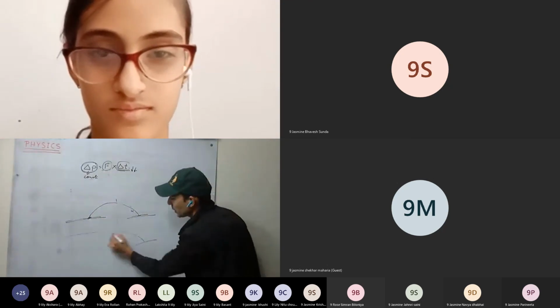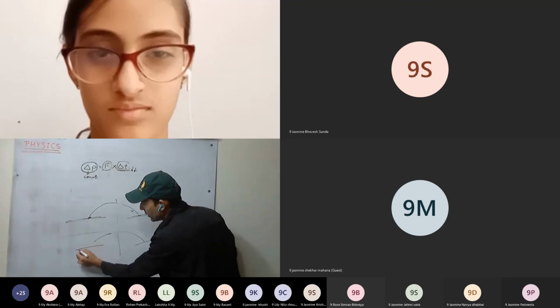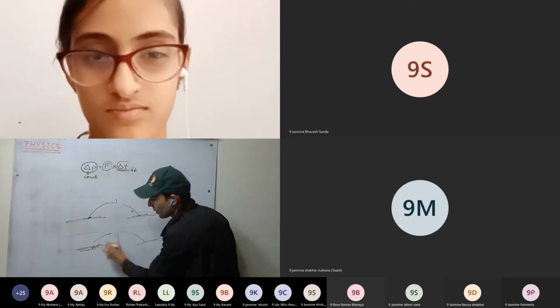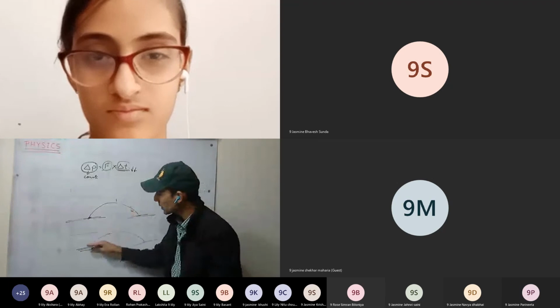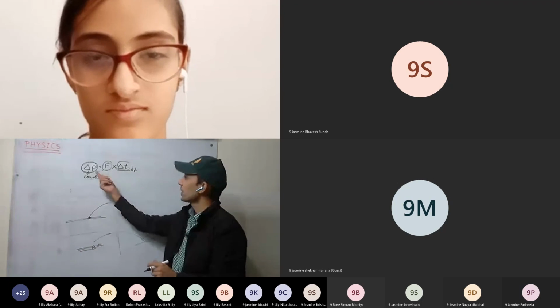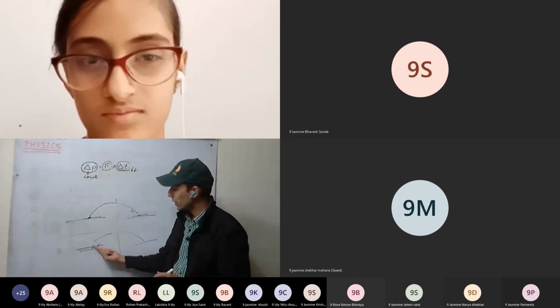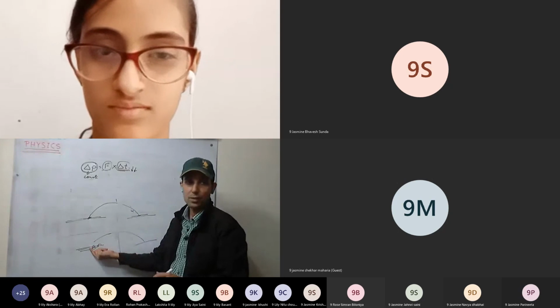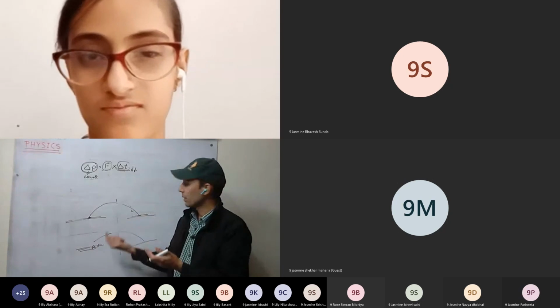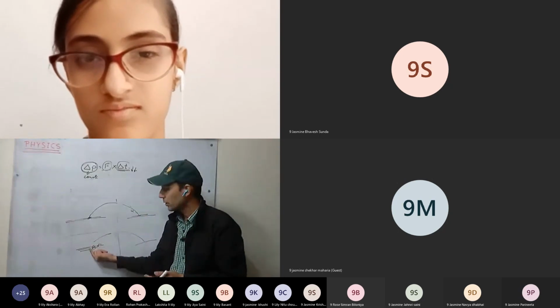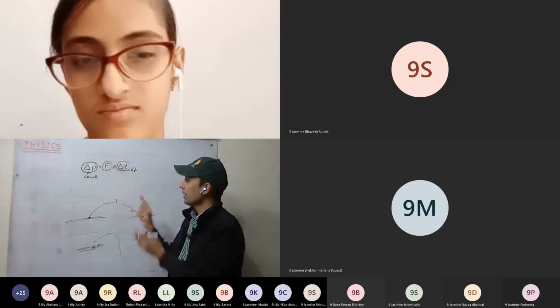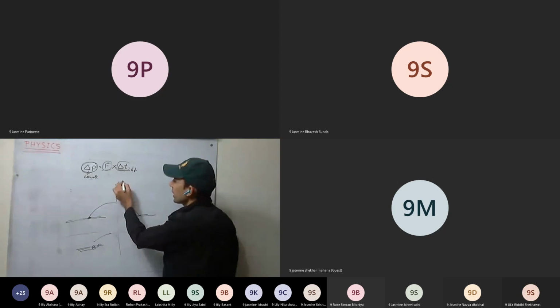Now, if the same person jumps with the same velocity, and here we have sand. As the person touches the sand, change of momentum takes place. He starts to press the sand, so it takes some time for the body to come to rest. This time we have increased the time a little bit.